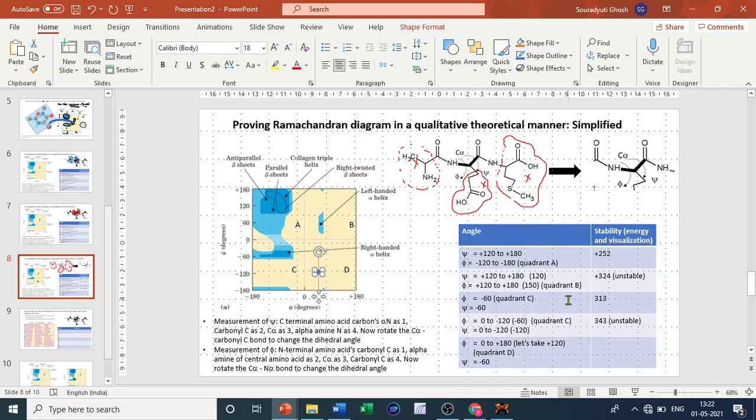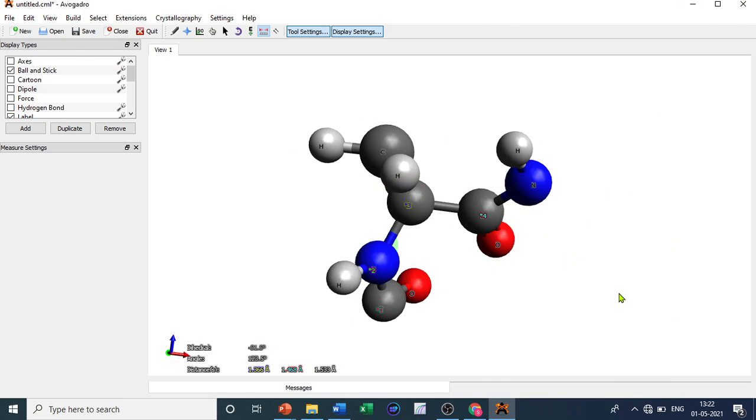That should be somewhere in here. And let's take psi to be minus 60 degrees. So psi minus 60 is right here, and phi plus 120 is right there. That is the position we are referring to. Let's see what energy we get there.